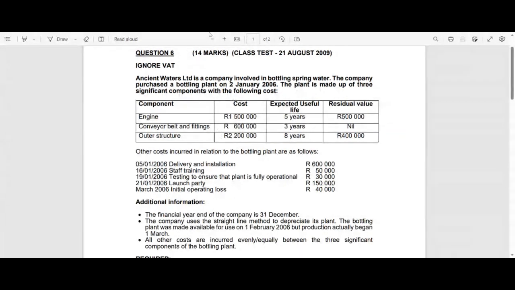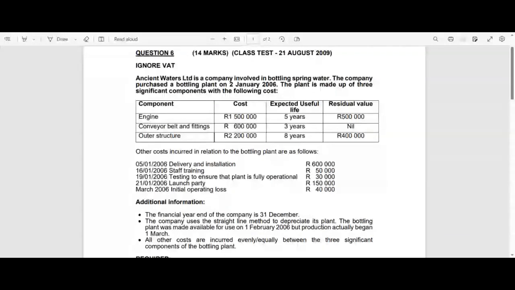So the first question we ask ourselves, as always, is it a necessary cost? I would say yes, 50-50.